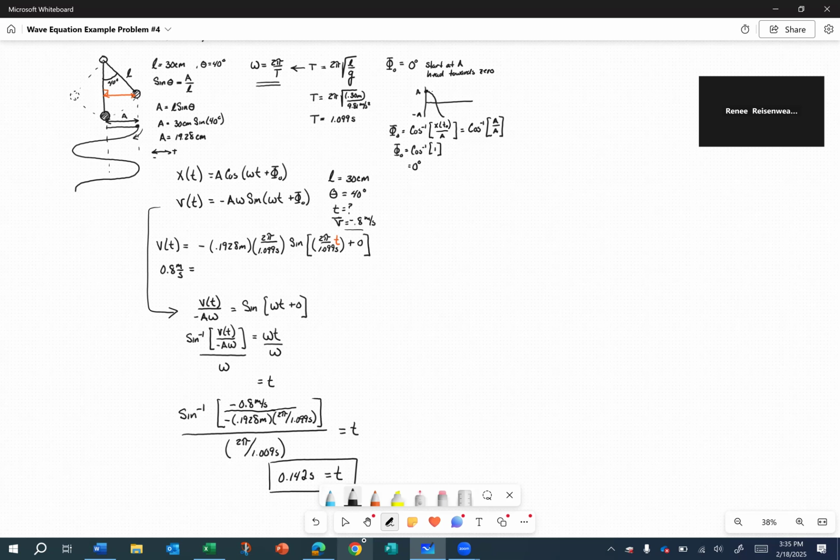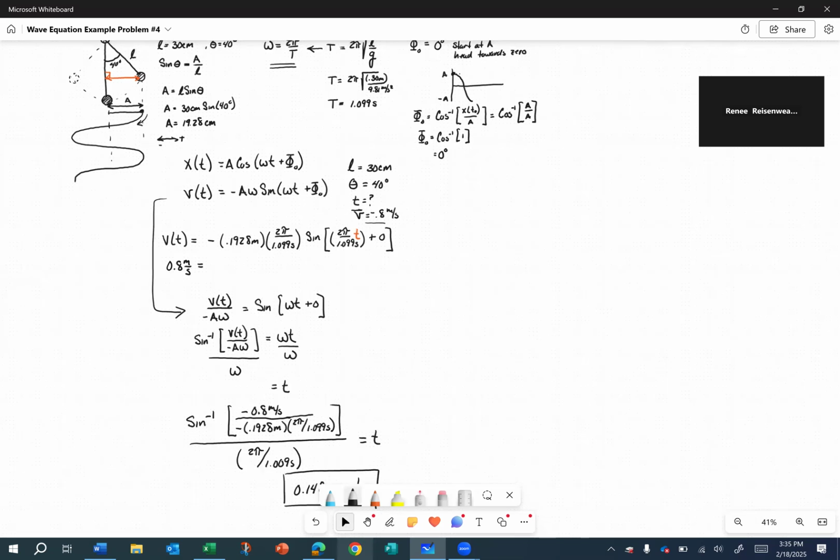So now we're at 0.142 seconds. One period is almost 1.1 seconds, so we're nowhere near even 1/4 of a period, right? 1/4 of a period would be this part. So we're somewhere in this first part right here, thinking about the time that is going by.